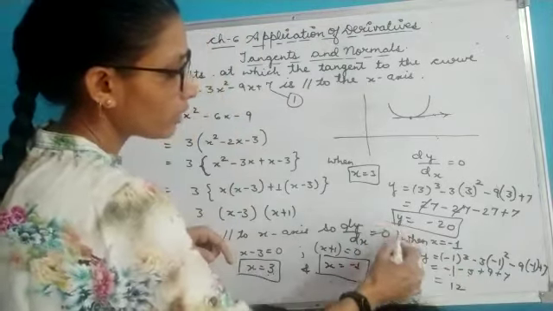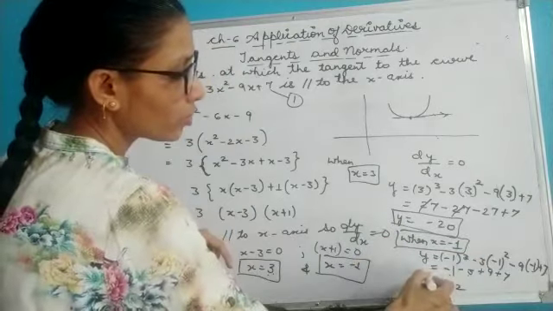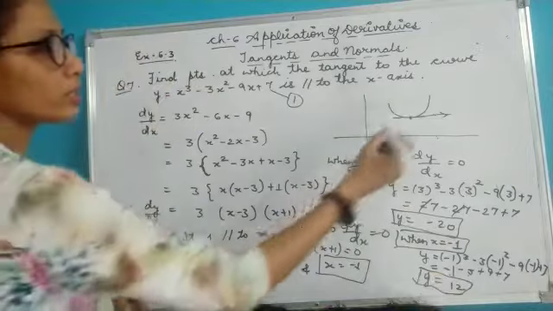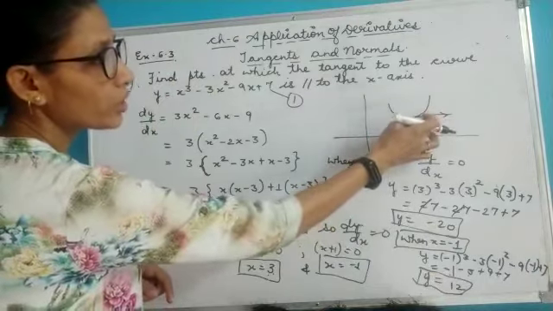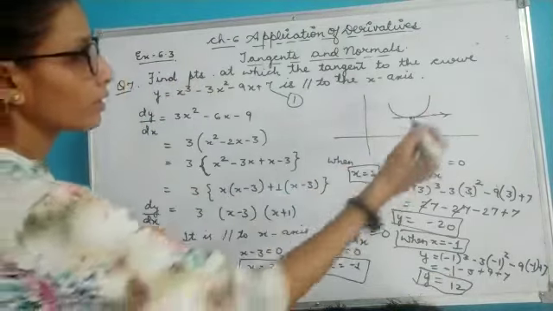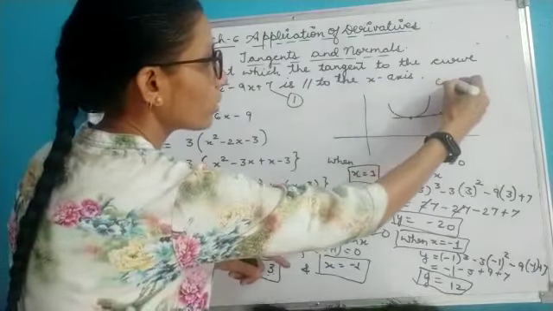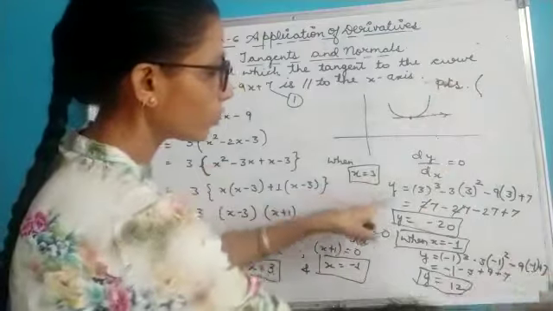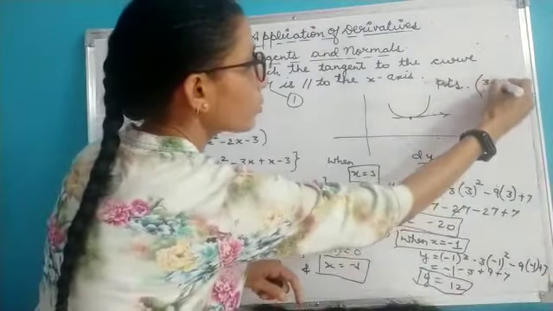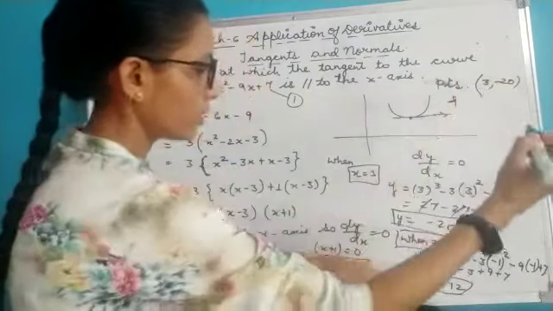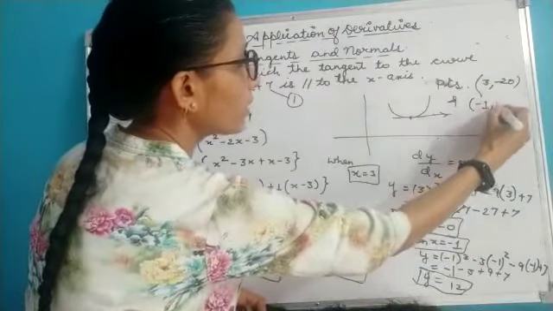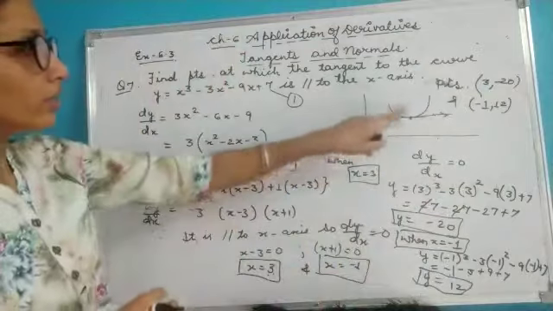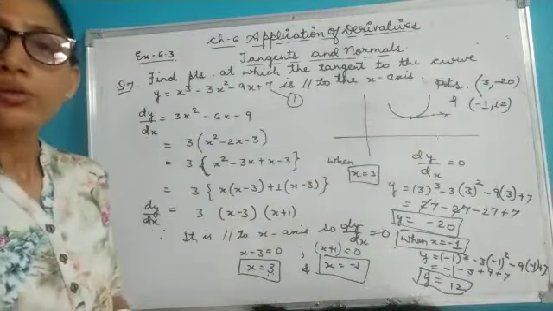That means when x is minus 1, y is 12. So the points where the tangent is parallel to the x-axis are 3, minus 20 and minus 1, 12.